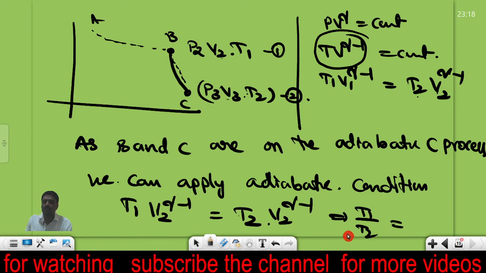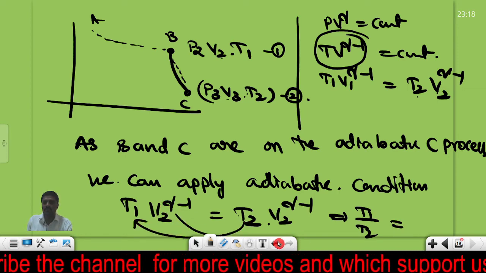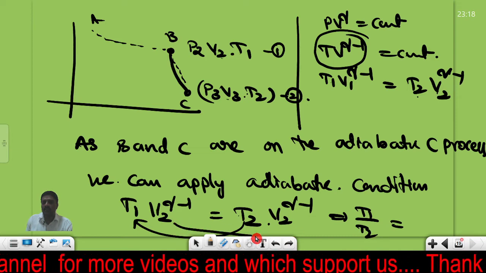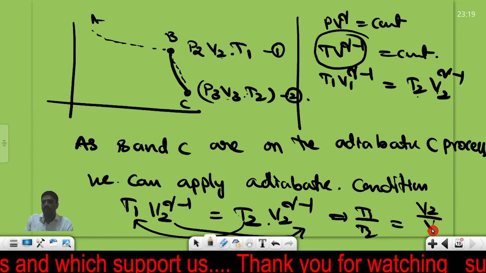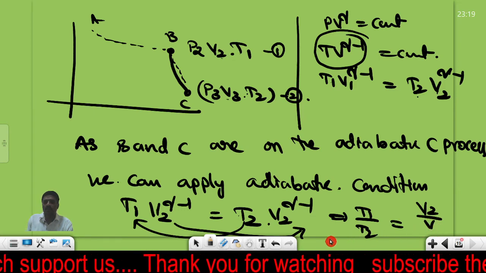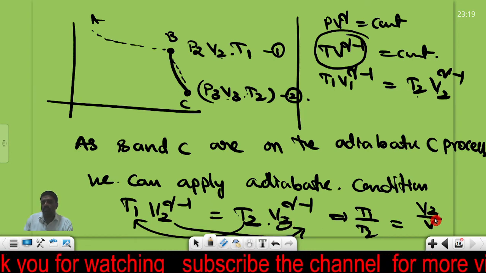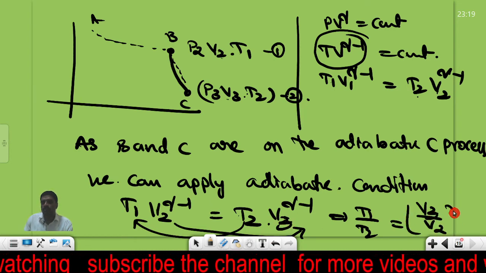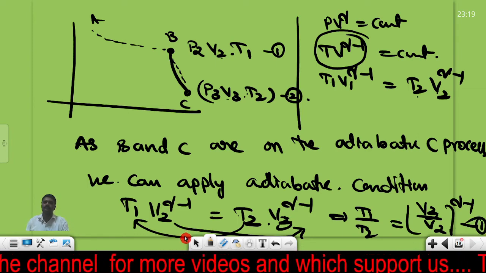T1 by T2 is equal to V3 divided by V2, whole to the power of gamma minus 1. Let me take this as equation number 1.